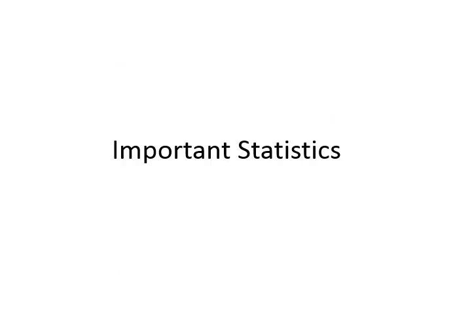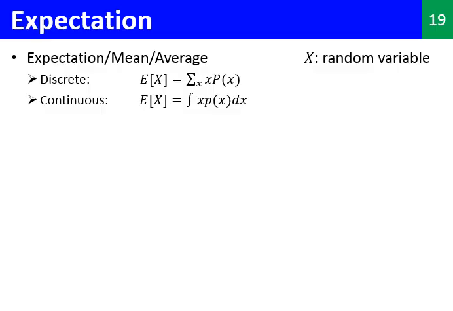The next pillar we need to understand the Kalman filter is the probabilistic aspect. So let's have a brief overview on the important statistics of random variables. The expectation, mean or average of a random variable can be given by these equations for discrete and continuous case. If we take a very simple example of a discrete random variable, let's say x can take values 1, 2, 3, 4 and 5.